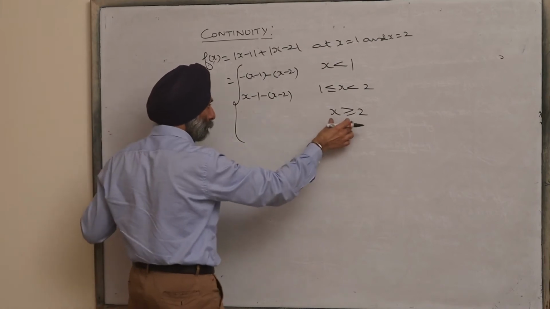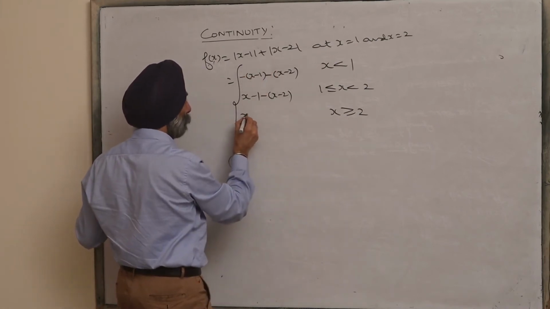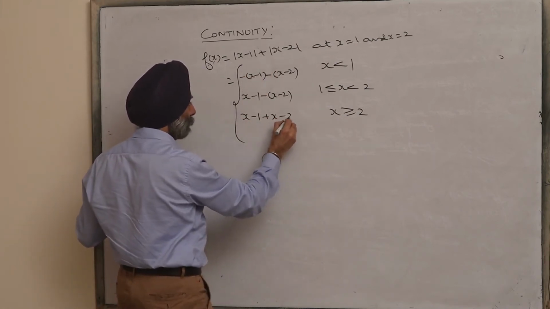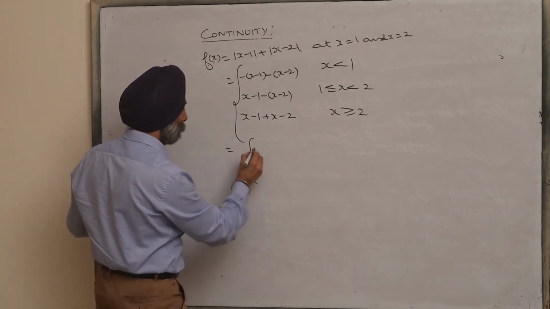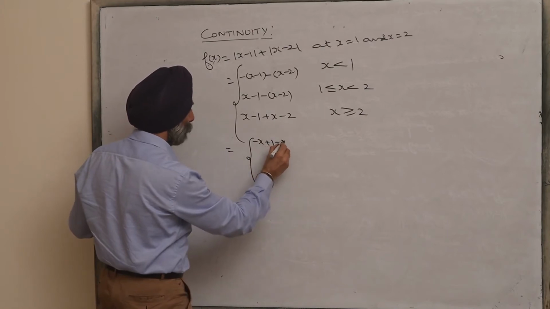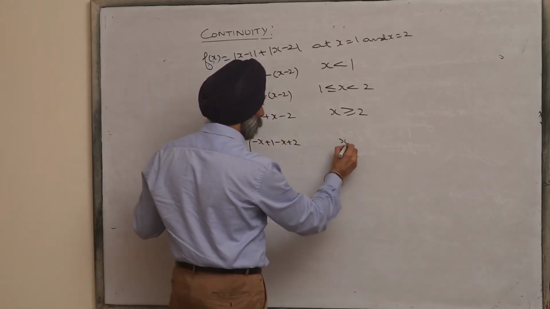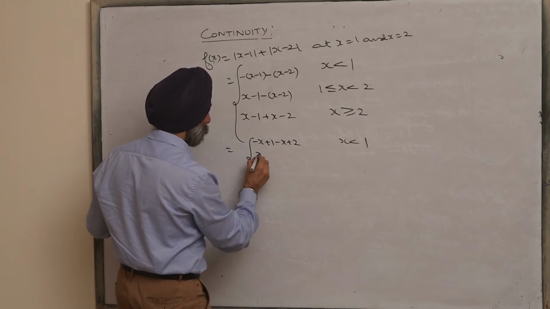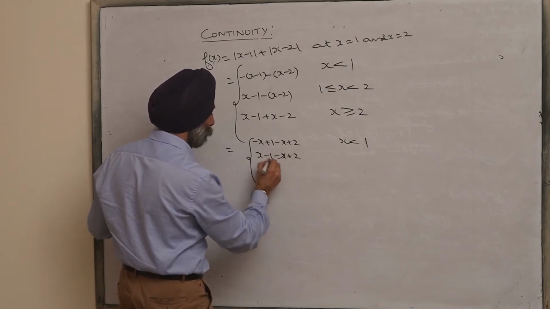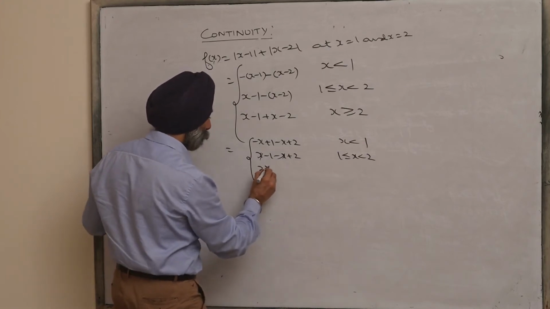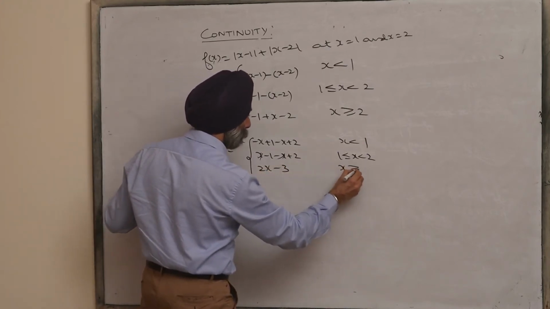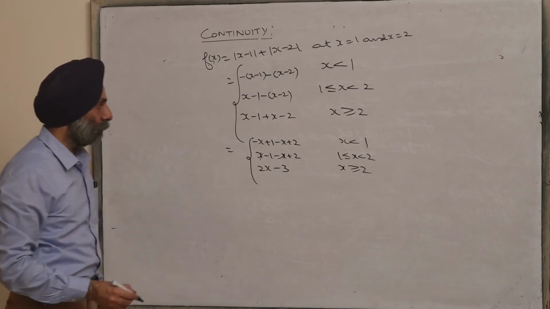And for all those values of x greater than or equal to 2, it will be x minus 1 plus x minus 2 here. So how do we define it? This is minus x plus 1 minus x plus 2 for x less than 1. It is x minus 1 minus x plus 2 for x belonging to 1 to 2. This is 2x minus 3 for x greater than or equal to 2 here.